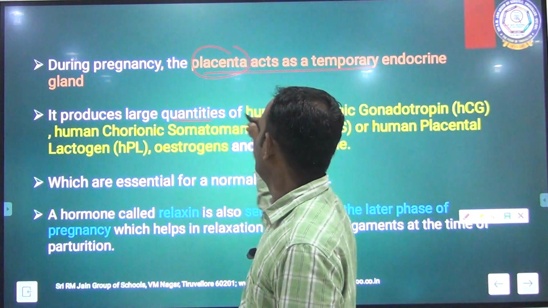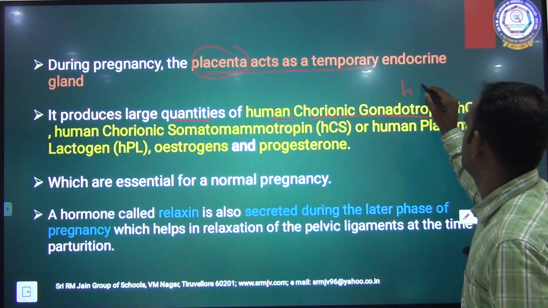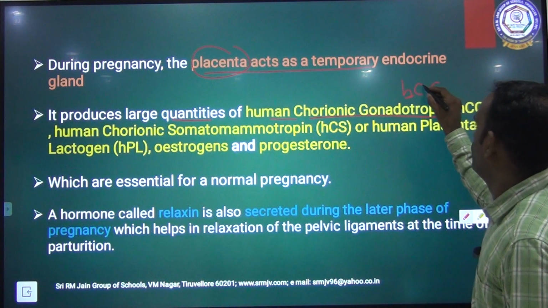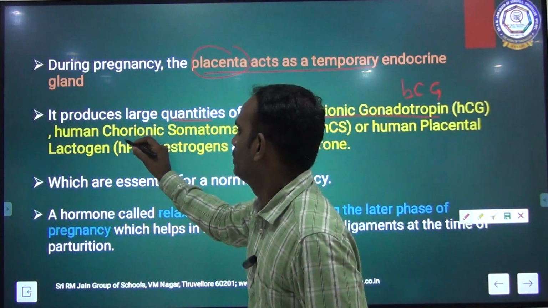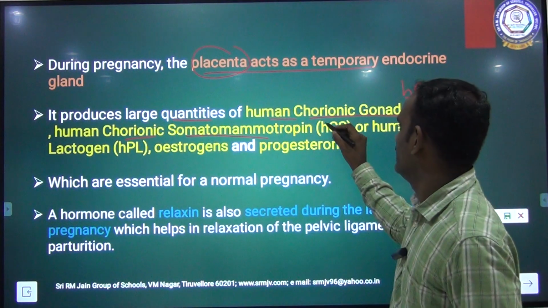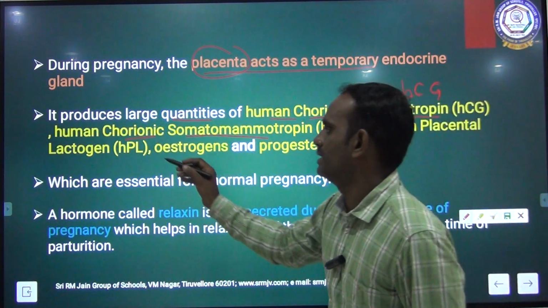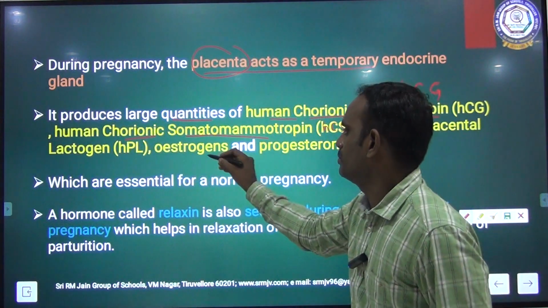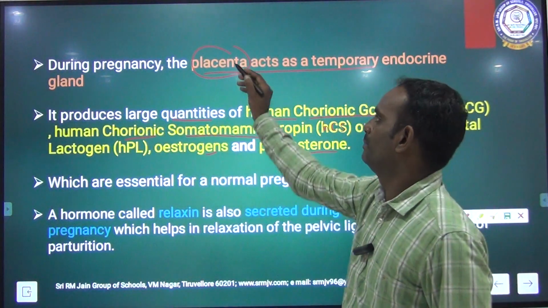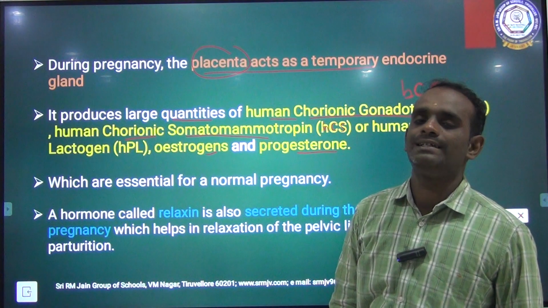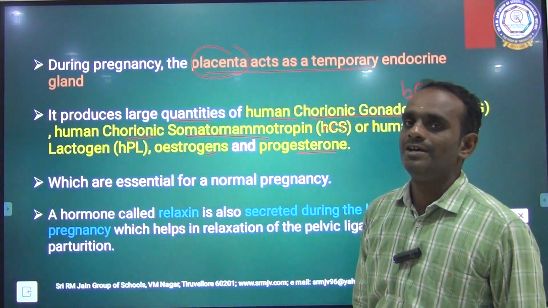It produces large quantities of human chorionic gonadotropin, HCG, human chorionic somatotropin, HCS, human placental lactogen, HPL, estrogen and progesterone. This endocrine gland secretes 5 hormones.